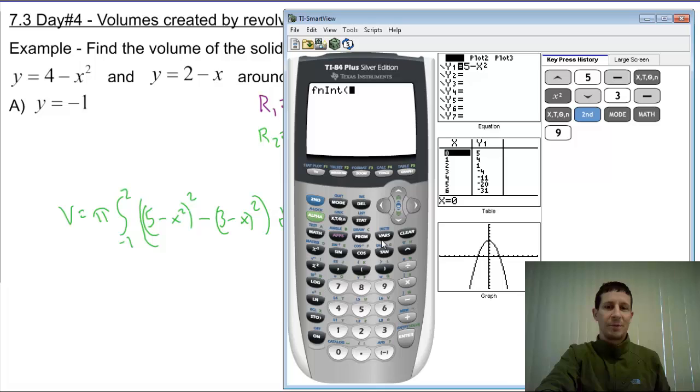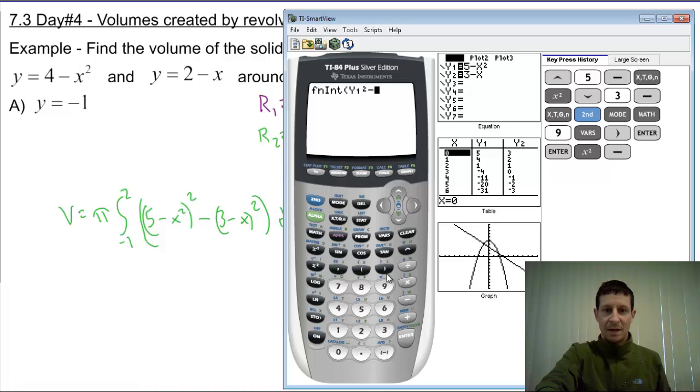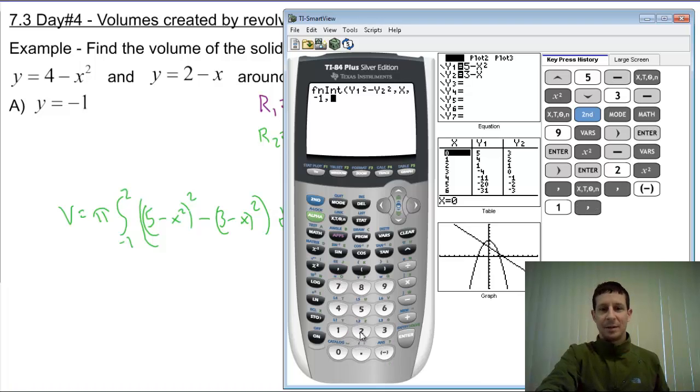And the reason I type those in y1 and y2 is since we're going to square each one, when I go to variables, y variables, we don't need to worry about parentheses here. I'll just do y1 squared minus y sub 2 squared, comma, we're using x's here, comma, our lower limit is a -1, comma, our upper limit is a 2.